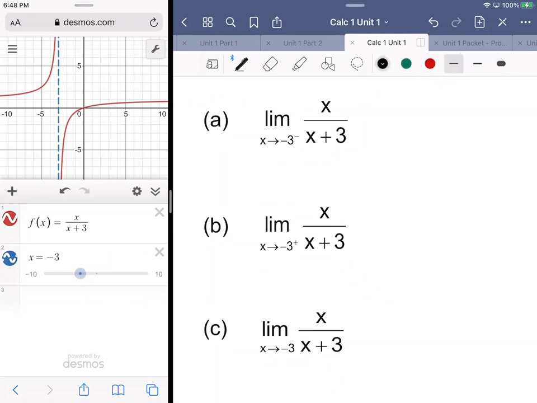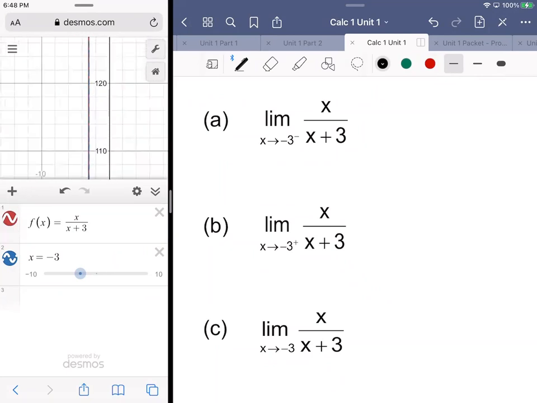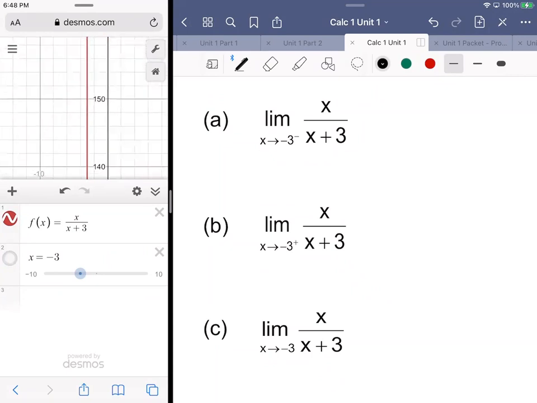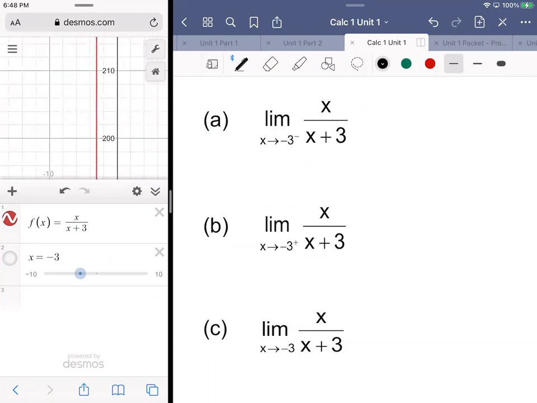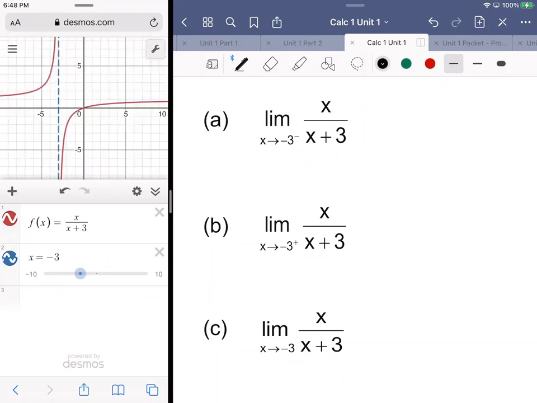So from the left, I'm following the curve. I want to be thinking about where the graph is going. It seems to be going up. Just a question of how far up. Well, it never stops going up. I can turn this one off, make it more obvious. All right, it's always going up. So I would say, what's the mathematical symbol to represent always going up? That would be infinity. Right?